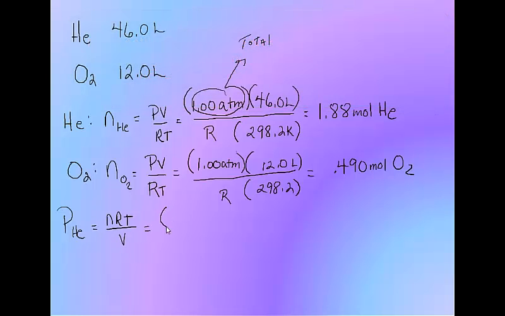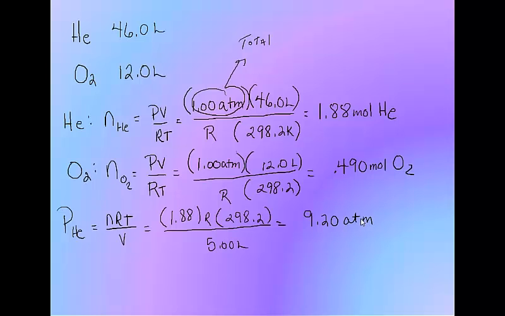So I calculated n using total pressure. R, total volume 5 liters. Pressure of the helium in my mixture is 9.20 atmospheres.